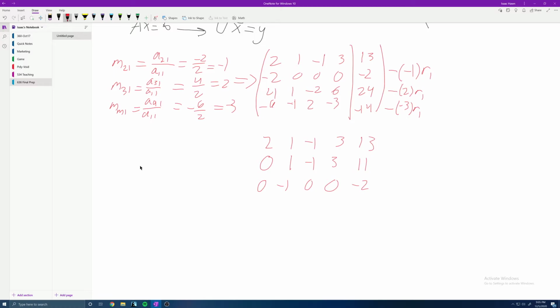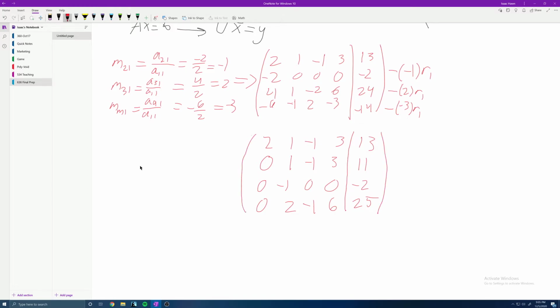The 24 minus 2 times 13 is -2. And then the next row would be minus -3 times row 1, which is 0, 2, -1, 6, and 25 there. 14 minus -3 times 13 is 25. So that's after one iteration.